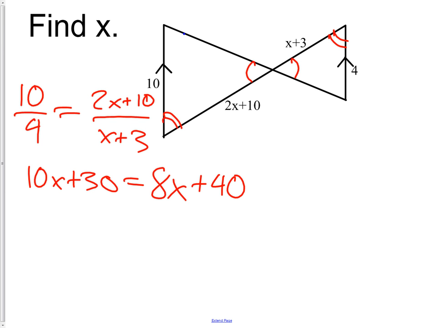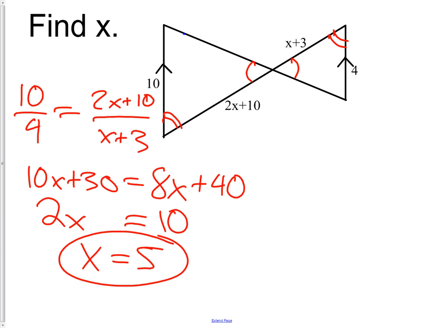This is going to be really important to understand how to set these proportions up and how to solve through cross multiplying. Now subtract your 8x from your 10x and you get 2x. Subtract your 30 from the 40, you get 10, and you end up with x is 5. And we've solved the question. It wanted to know the value of x.